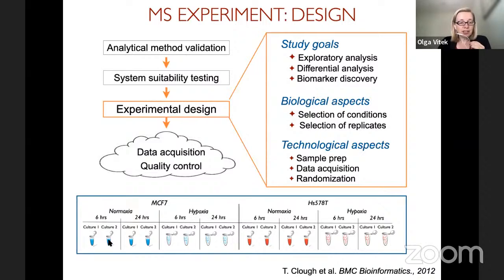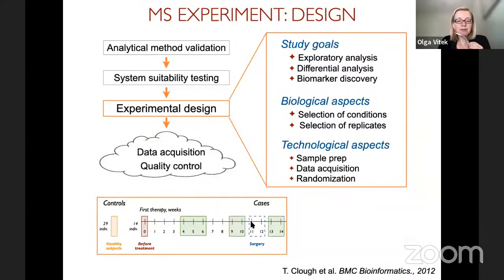For each duration, there were multiple cell cultures, and for each culture, there were multiple technical replicate runs. The statistical model has to distinguish these different levels of variability, build them correctly in the model, and make sure that our conclusions reflect the right level of uncertainty. This is what MSstats is doing behind the scenes.